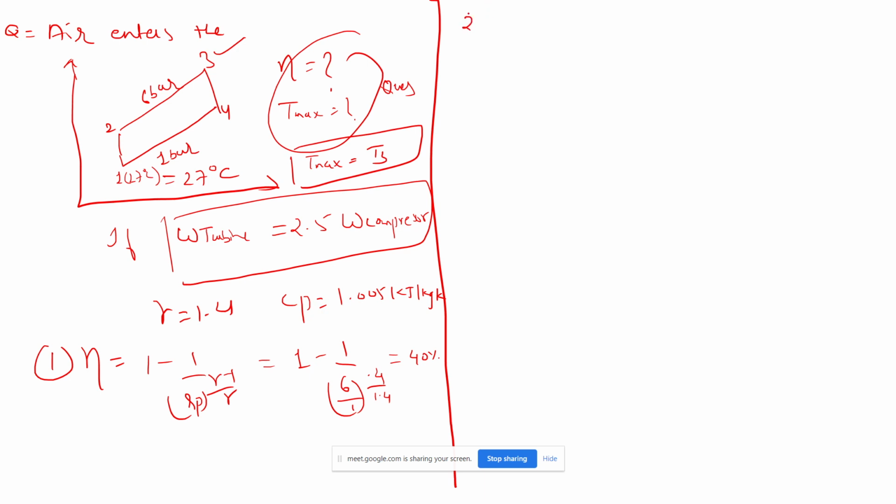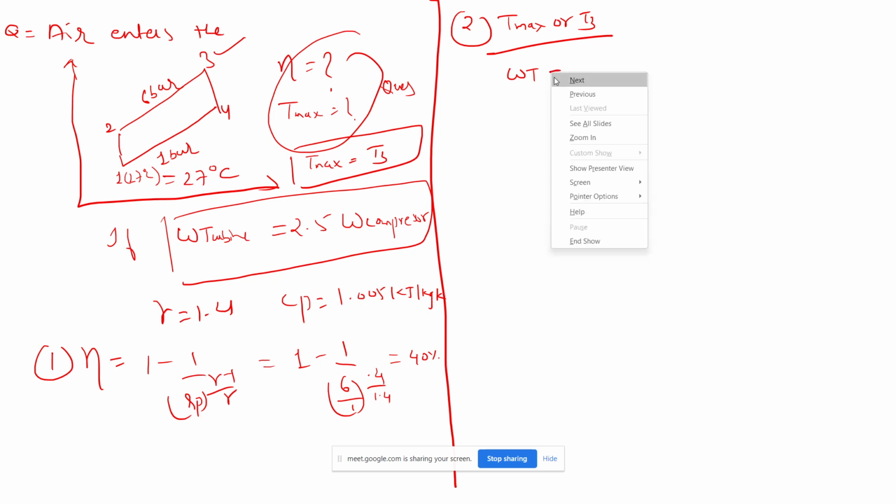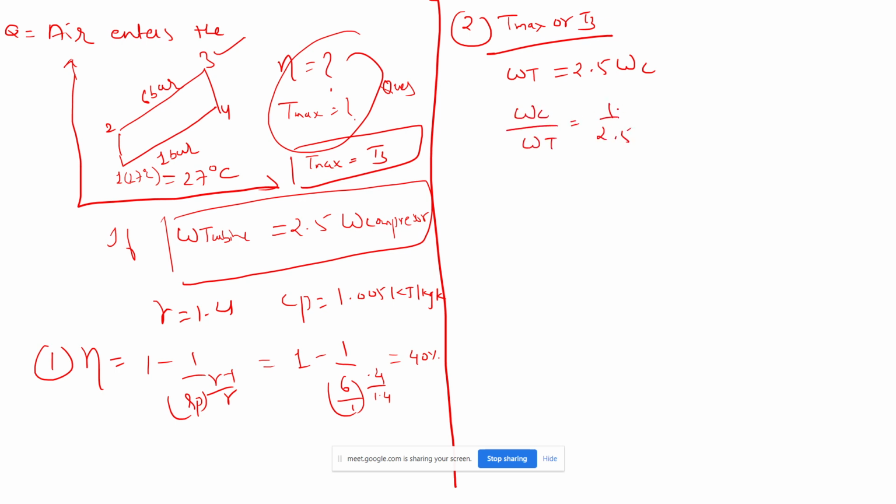Okay, it is simple. The second part is a little bit tricky. So second part they have asked about the Tmax or T3 temperature. Okay, and what they have given is that turbine work should be 2.5 times of the compressor work. So what we have read in the class, that ratio of the compressor work upon turbine work, we call it the back work ratio, no?